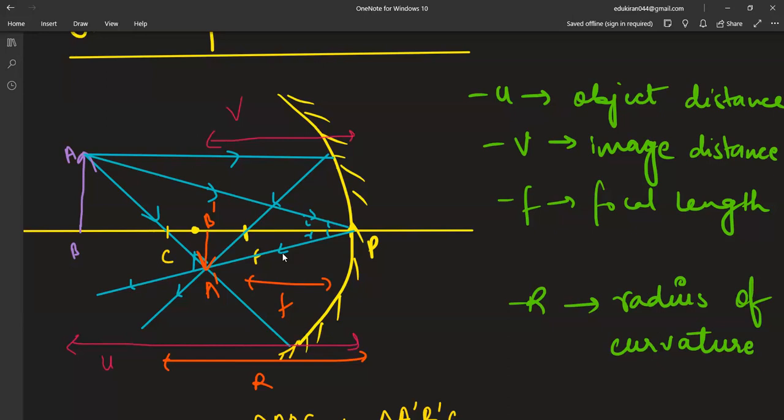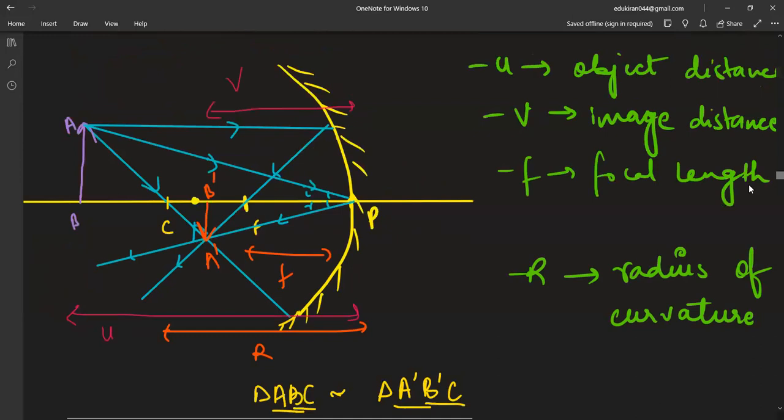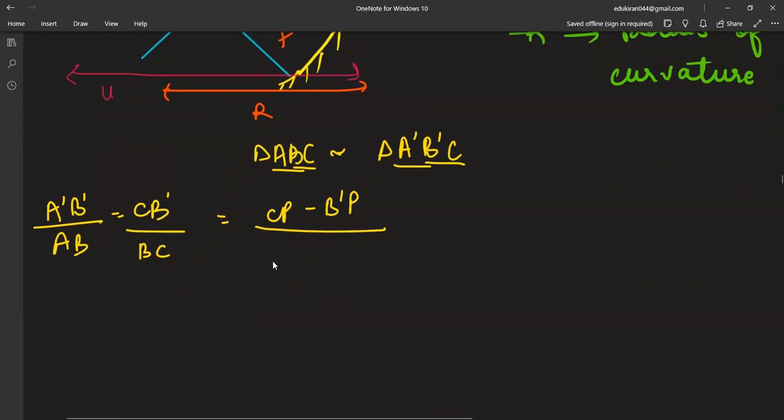From this entire bigger one, if you are subtracting this smaller one, you will be left with CB dash, right? What about BC? From this entire BP, if I subtract this CP, I'll be left with BC, right? So here, CP minus B dash P divided by BP minus CP.